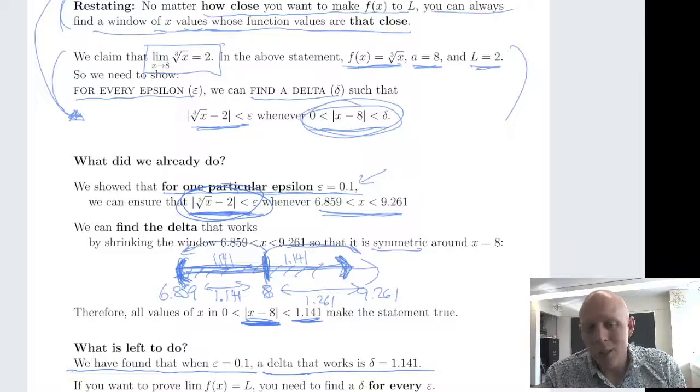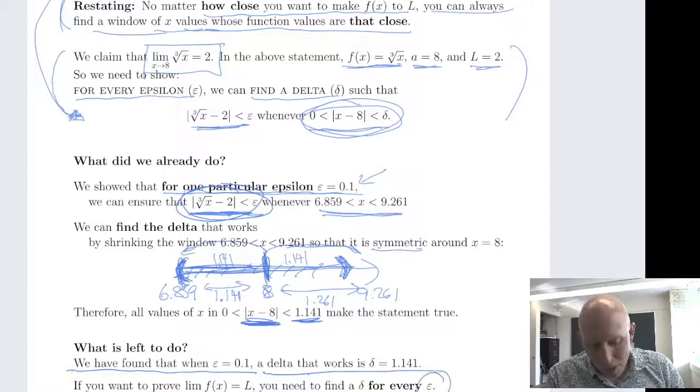If we wanted to prove that this limit exists, you would need to be able to show this for every epsilon. You need to be able to figure out what's the right delta for every single epsilon. And that normally requires some calculations. It's not the most pleasant thing, but it is what you would need to be able to do.